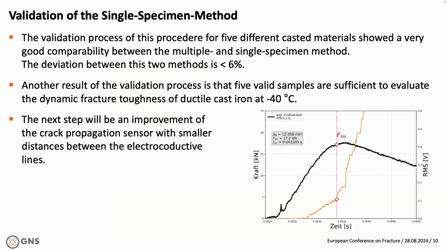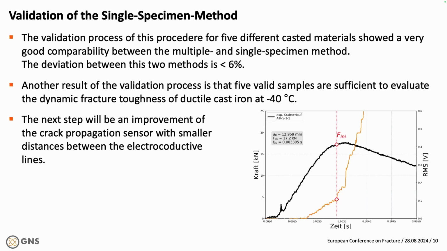For the validation process, we had 5 different cast materials. It was some model material like the material the colleagues used right now, and we have two different materials which were nearly representative for the real cask dimension. And they showed a really good comparability between the single specimen and the multiple specimen method.